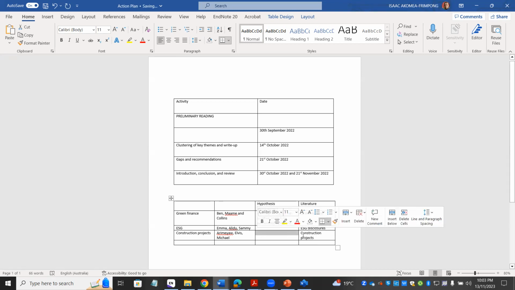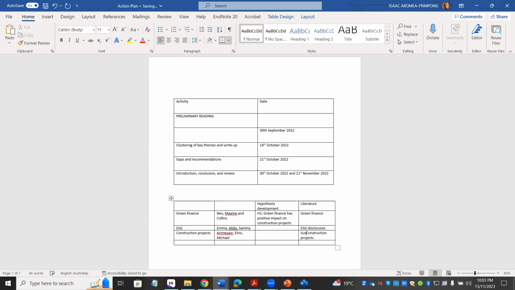But here, I want you to look at this more from sustainable construction projects. I'll be happy if you're able to do this in the light of construction projects.